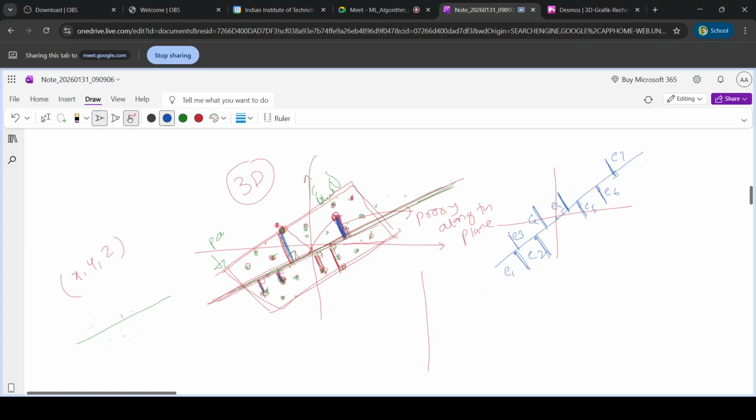If I plot this line from the center, this is not E1, this is E4. E4 I will plot like this. Now E5. I'm trying to bring them all together here, passing through the center.